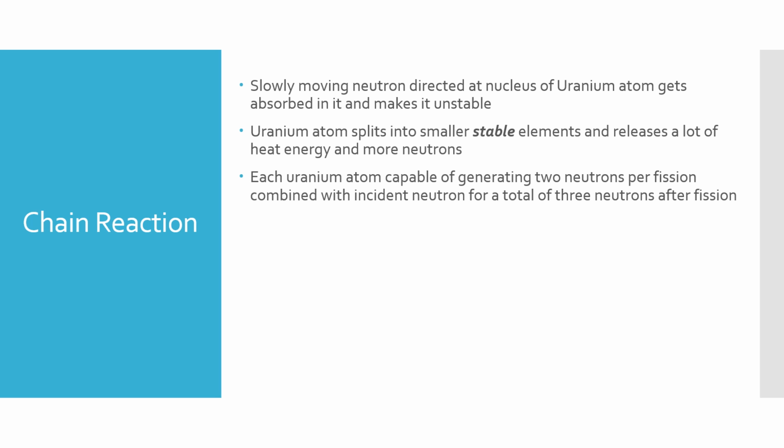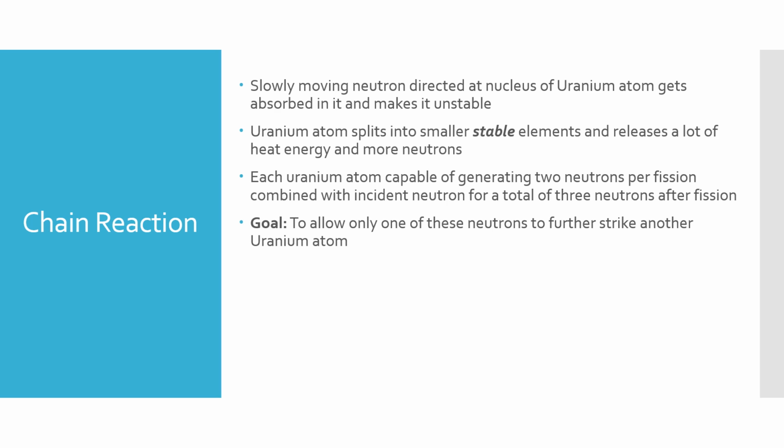Each uranium atom is capable of generating 2 neutrons per fission. So combined with the incident neutron, a total of 3 neutrons are generated after every fission. Our goal is to allow only one of these 3 neutrons to further strike another uranium atom, thereby producing another fission.